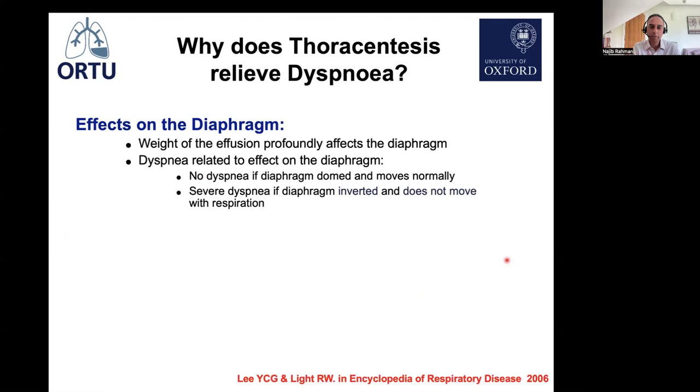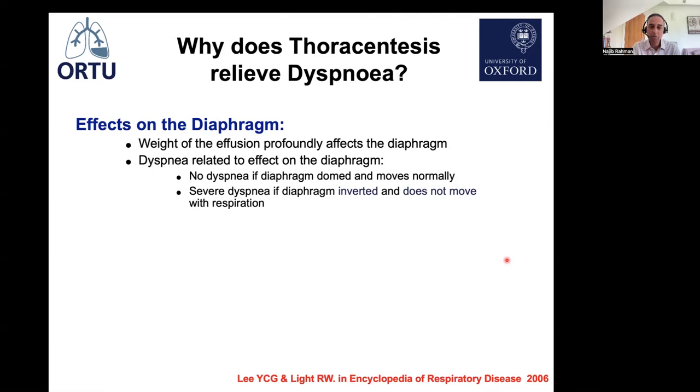So here are the two proposed mechanisms. The first is effects on the diaphragm, or rather on the respiratory pump. The presence of the uncompressible fluid within the thorax has a profound effect on the soft diaphragm, which is trying to move. It expands the chest wall and gives hyperexpansion on that side, essentially. And what we have now recognized is that in patients who are very breathless, there is a profound effect on the diaphragm.